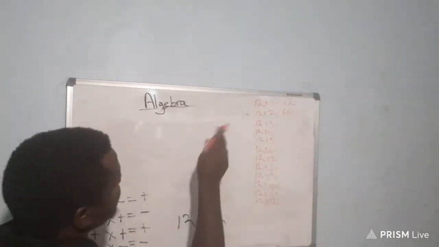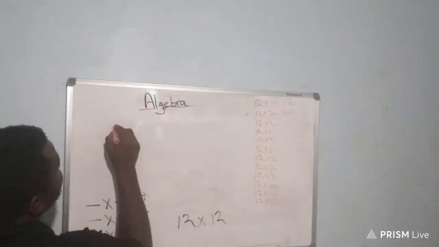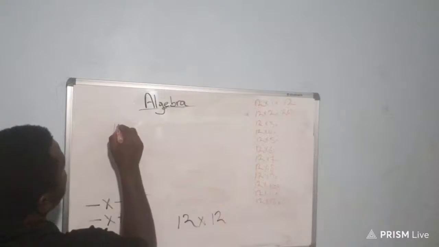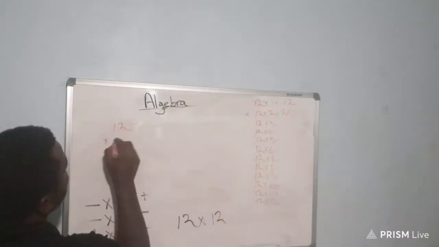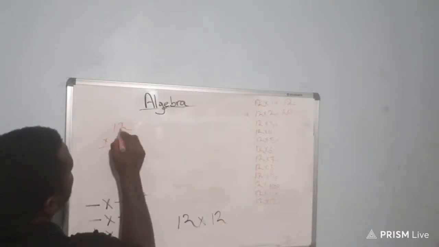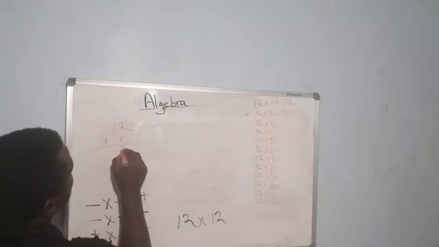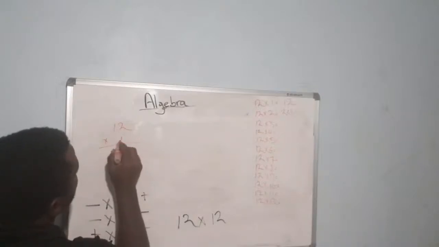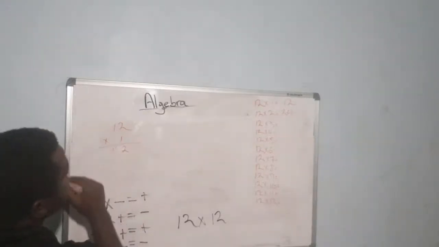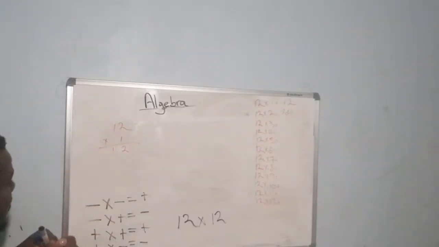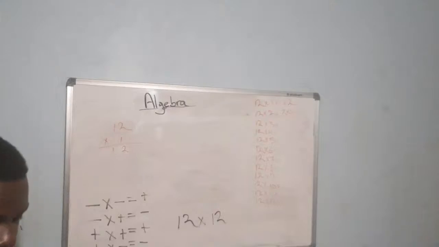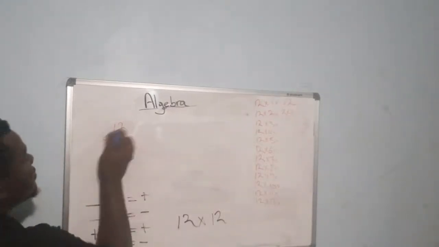Alright, so it's 12 times 1. 12 times 1 is 12.